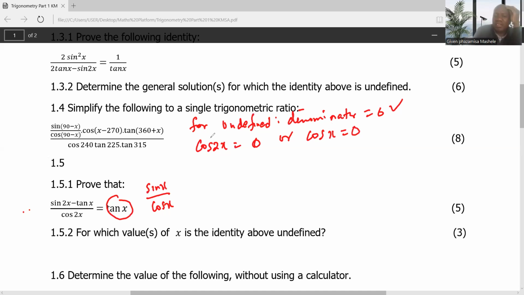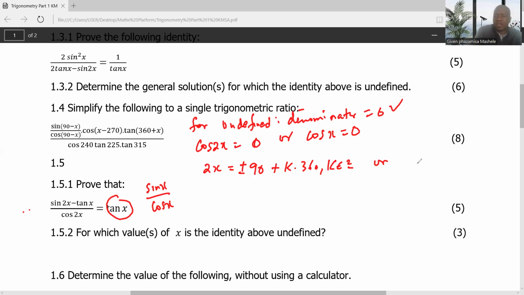So you see that we can determine the general solutions for x because they did not tell us anything. They did not give us the boundary. So we know cos has how many answers? 2 answers. So this will be cos 2x. I'm saying 2x, second function cos 0. This will be plus minus 90 plus k times the period of 360, k is an element of integers.